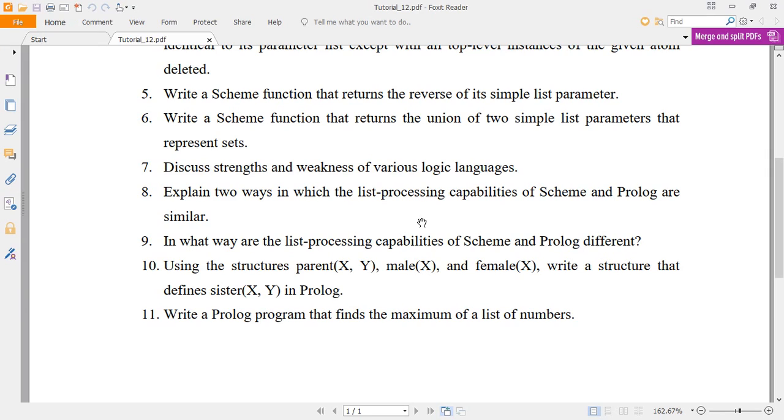Here the list representation is somewhat different from Scheme to Prolog. Various other list processing capabilities are reversing the list, going through the list, and iterating through the list. So these are the various other capabilities that will look different in Prolog from the Scheme language.